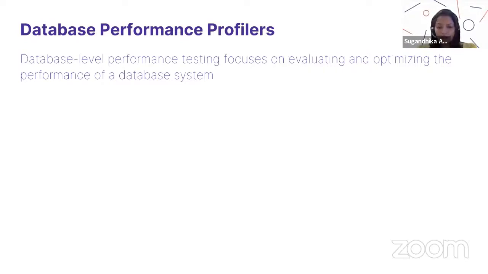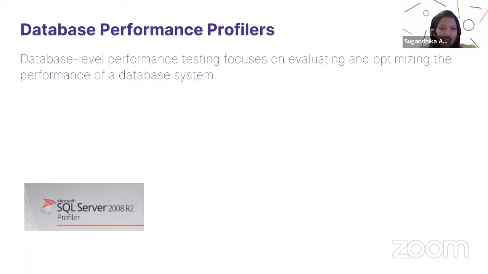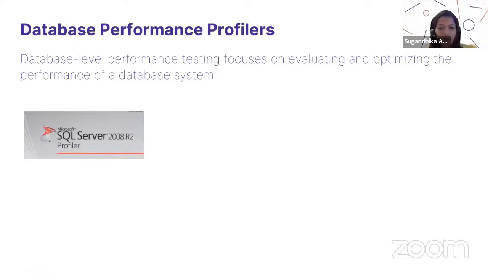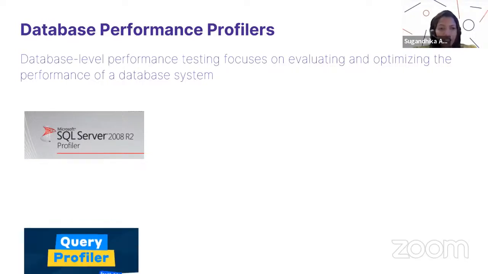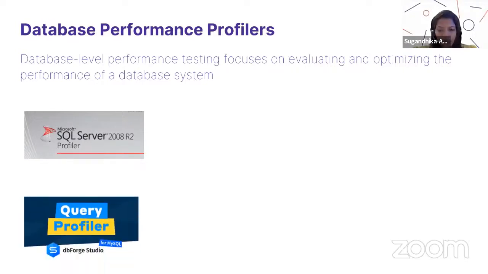Just like code profiling tools, almost all the database tools have a profiling tool to profile their database. SQL Server has SQL Profiler, there is a query profiler for MySQL, and Oracle also has inbuilt performance profiling tools.